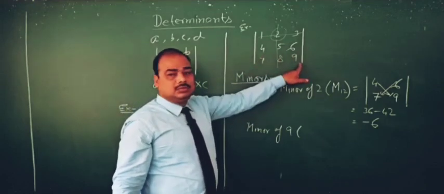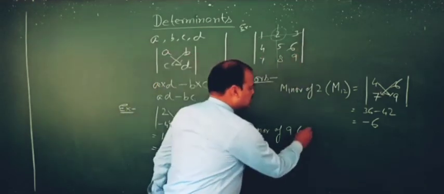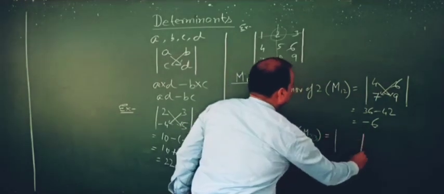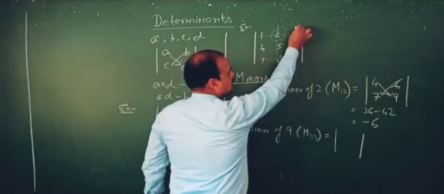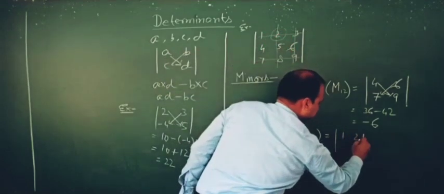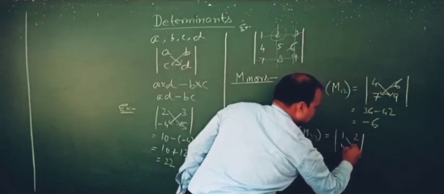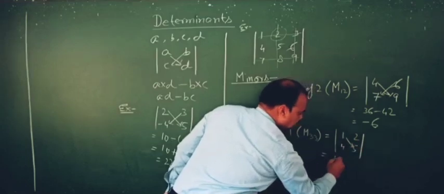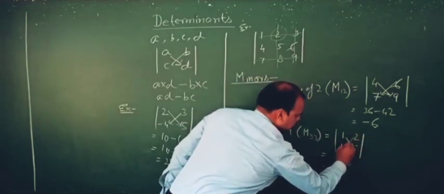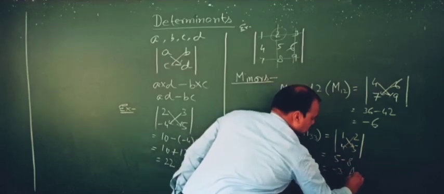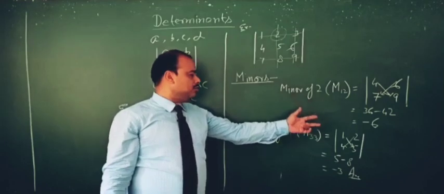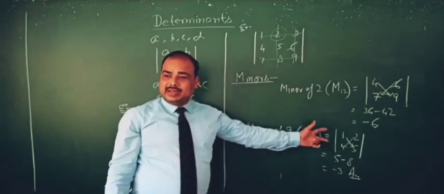Third row and third column, it means M33 equal to 1, 2, 4, 5. So 1 into 5, 5, minus 4 into 2, 8, equal to negative 3. This is the way to find minor.